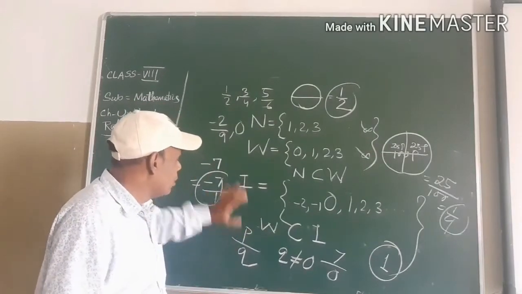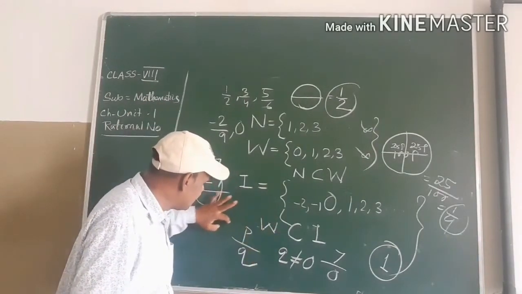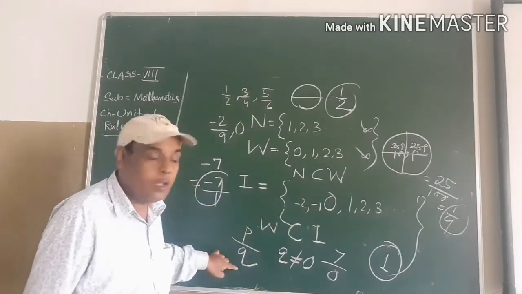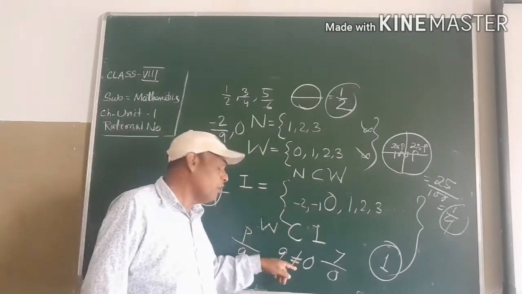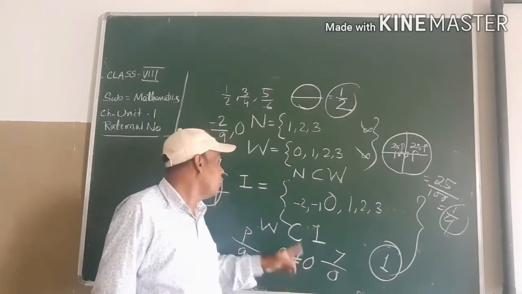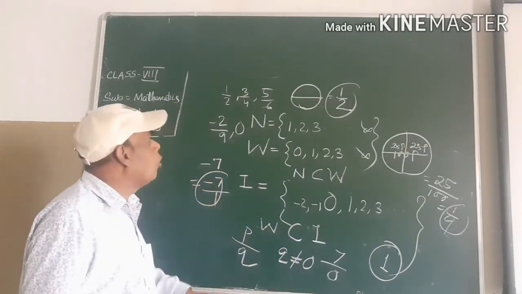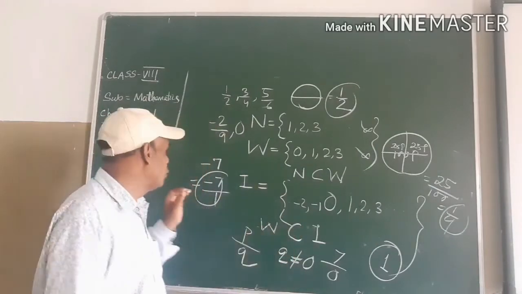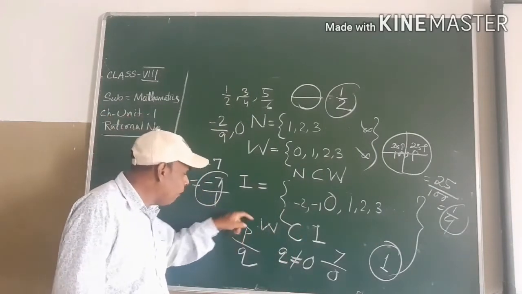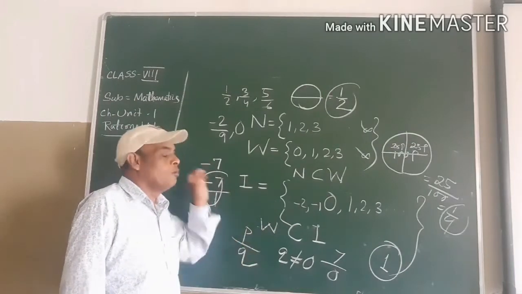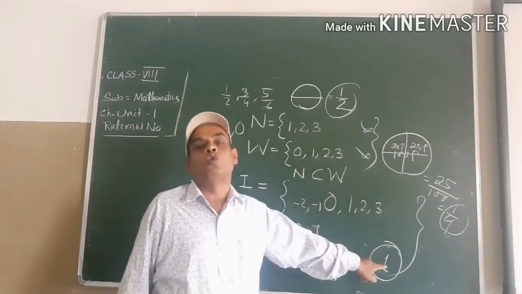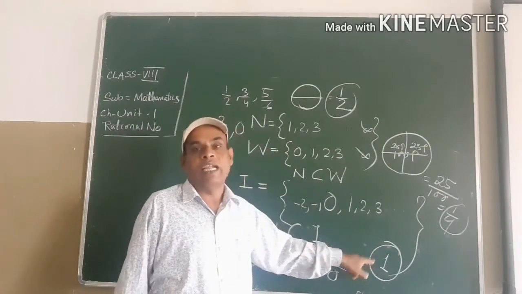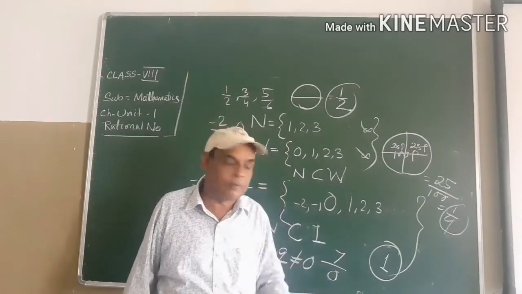So any number which is generally denoted in the form of P/Q, where the denominator must not be equal to 0, is only known as a rational number. The second thing you have to remember: the HCF of P and Q must be equal to 1, not any number besides 1.